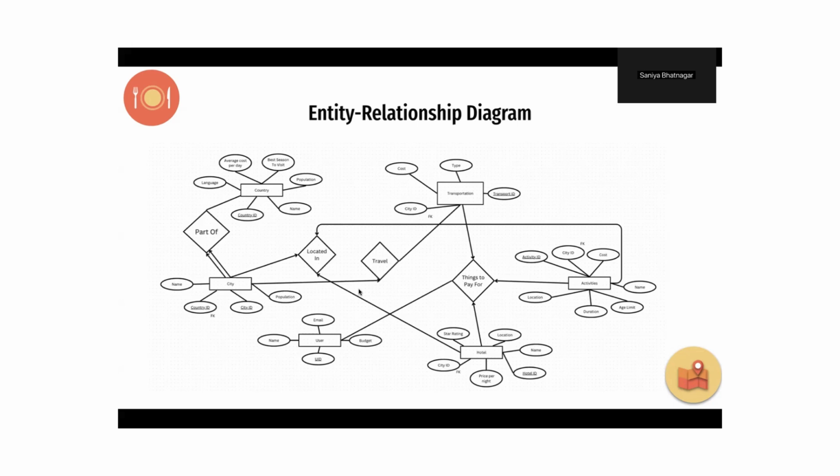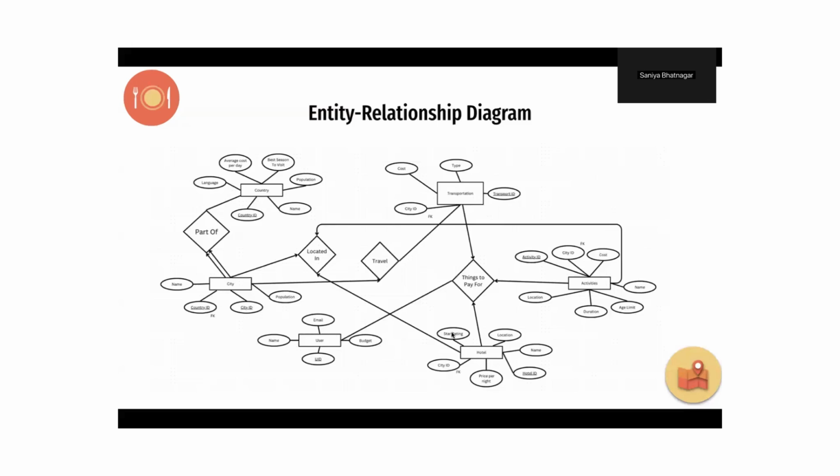The other one that can be seen is located in, which is a relationship between cities, activities, hotels, and transportation. And that is also a one-to-many relationship. A host city can have multiple hotels, activities, transportation options, etc. The third relationship that we have is a travel relationship between cities and transportation.